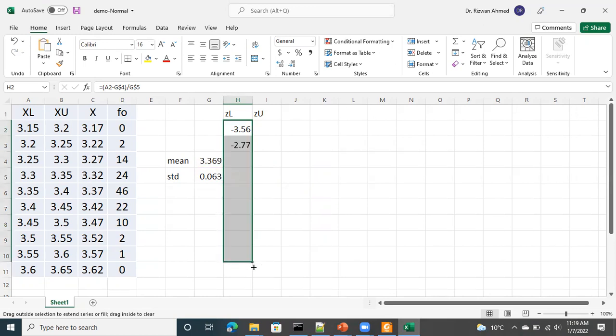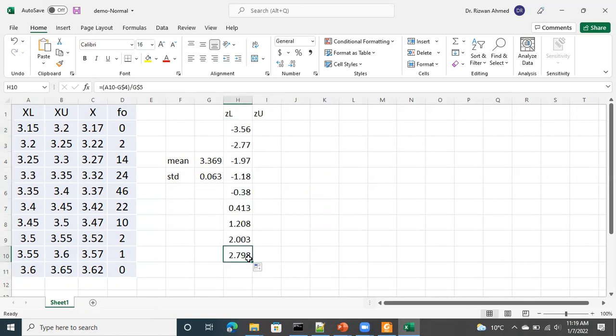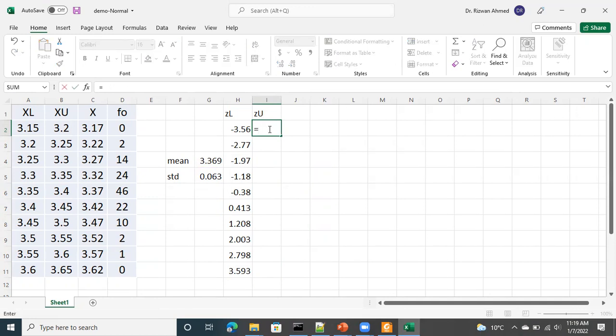You will do that with the table. So I have got the area calculation from minus infinity to the lower limit of Z. This has been computed because I want to compute the theoretical frequencies for a particular class.